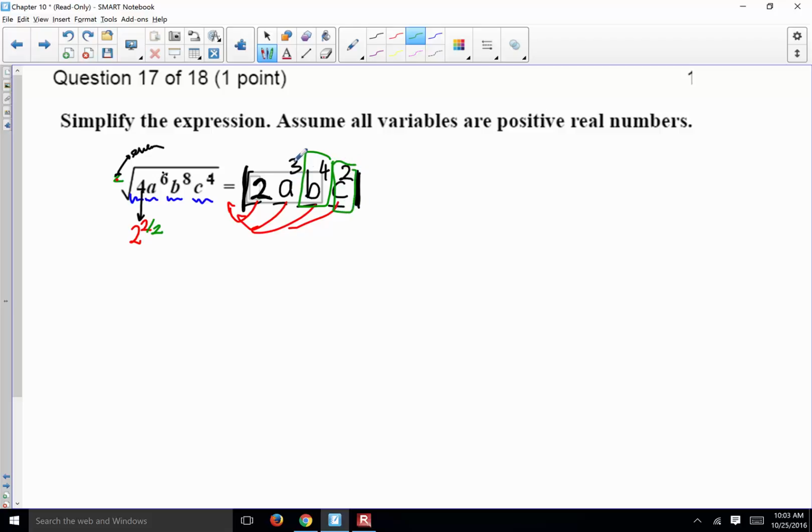How about a cubed? This is odd. How about numbers? Yes, numbers can break prison as long as they are positive. If they are negative, flip them positive and break the prison. So 2, b and c can come out as 2, b to the fourth, c squared. Unfortunately, a cubed doesn't have an even power. It's stuck. This is the answer.